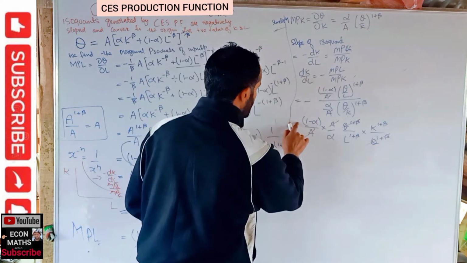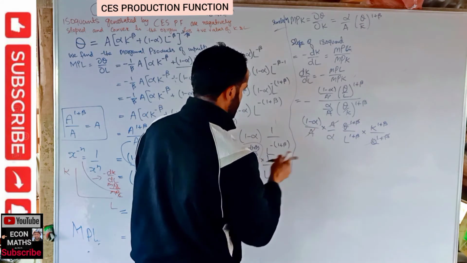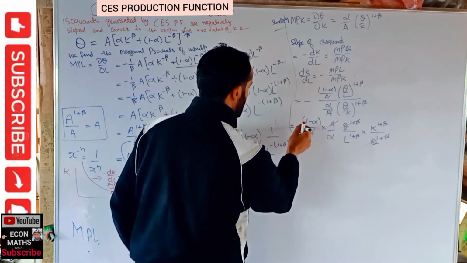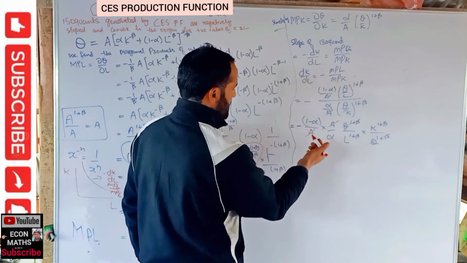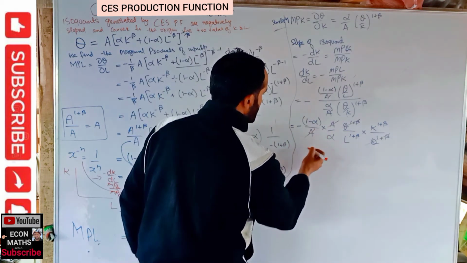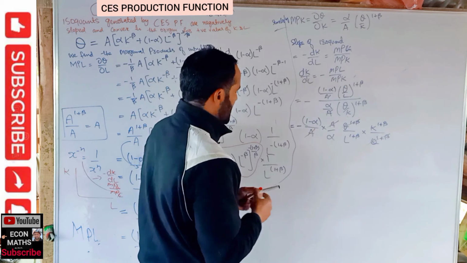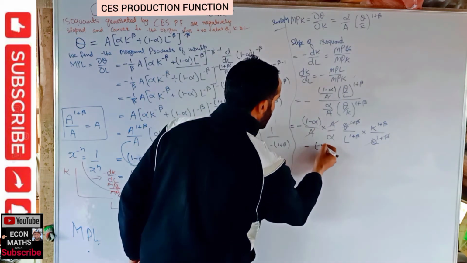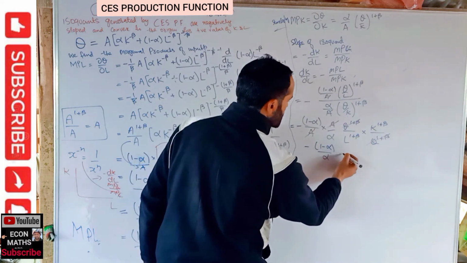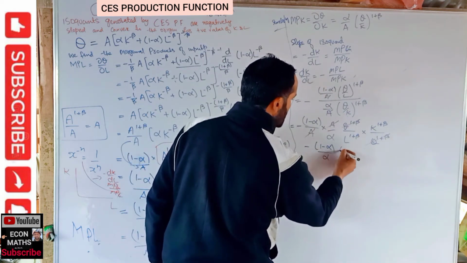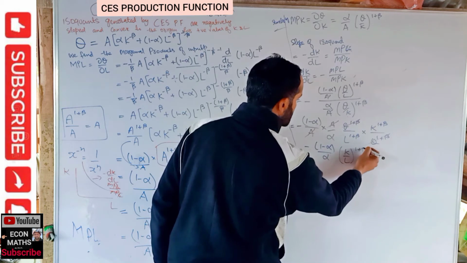And here it is minus because this is minus. Now we are left with this: 1 minus alpha divided by alpha, K divided by L to the power 1 plus beta.